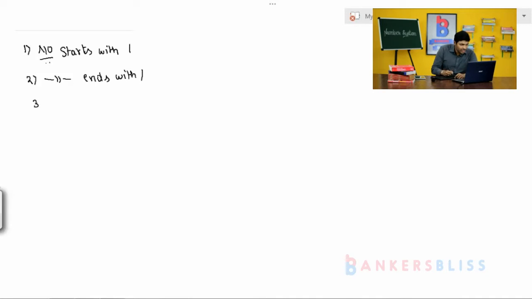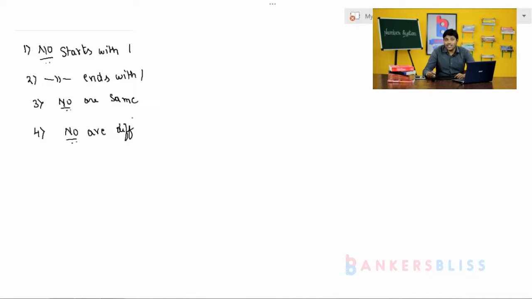Next, the third case, numbers are the same. Next, fourth case, numbers are different. So the first one, number starts with 1. Second case, number ends with 1. Third one, numbers are the same. Fourth one, numbers are different.